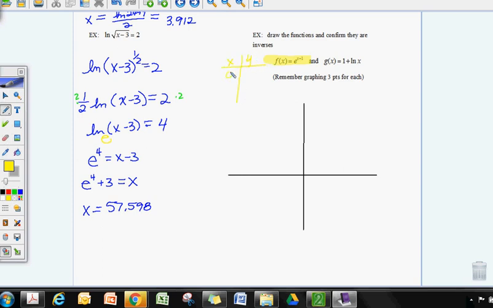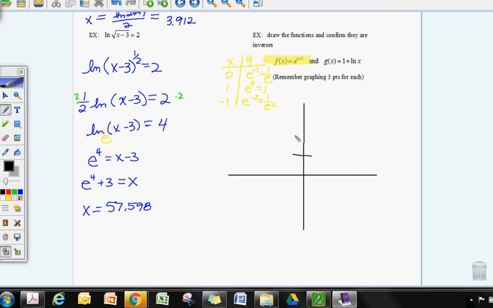Hopefully you guys remember x, y chart. If I let x equal 0, this is e to the negative 1 power, or 1 over e. If I let x equal 1, I get e to the 0 power, which is 1. And if I let x equal negative 1, I get e to the negative 2 power, or 1 over e squared. Okay, so what is that thing going to look like? Well, when x is 0, I'm on my graph, so I'm going to give me some points here.